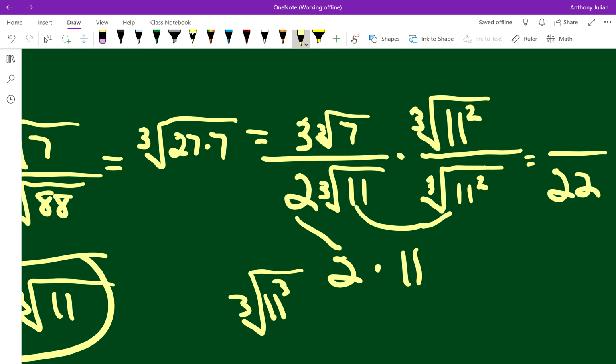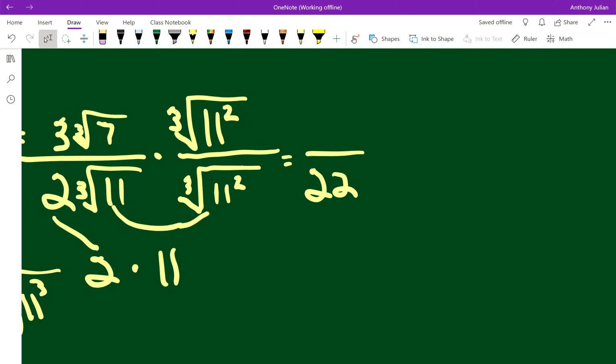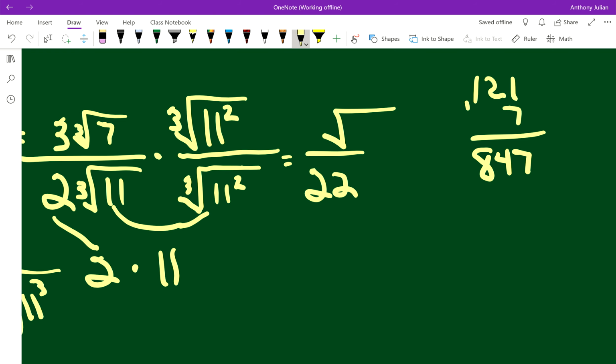The numerator here is going to be 11 squared, which is 121, and I'm going to multiply that by the 7, and this will be in the radical. So 121 times 7: 7, 4, carry the 1. There's that 847 we were looking for.